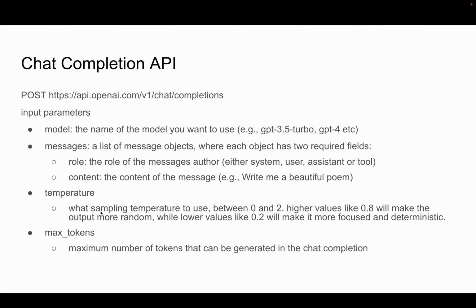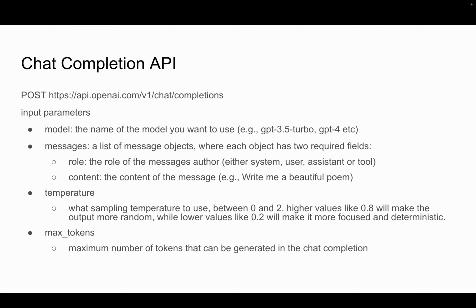So if you ask OpenAI to solve a technical problem, like solving an algorithm, I think you need to set the temperature to a low value because you want it to be less random, right? But if you want GPT to do some creative stuff for you, I think you can set the value higher.